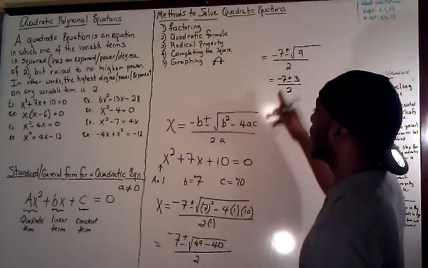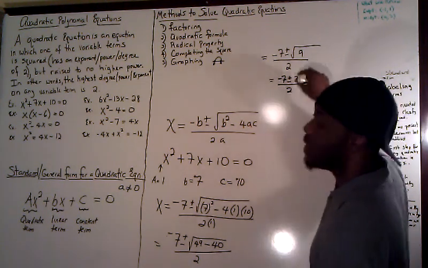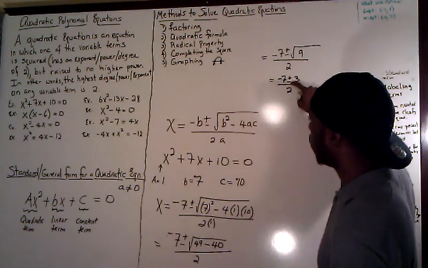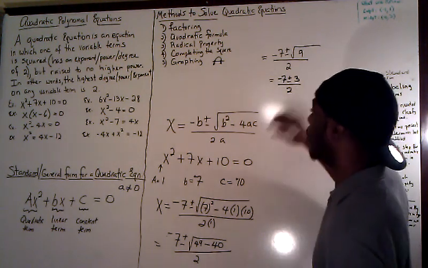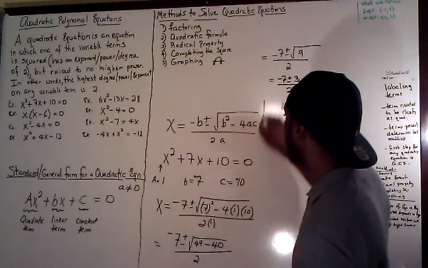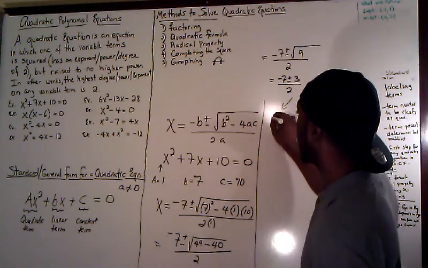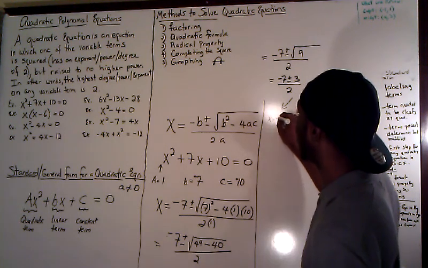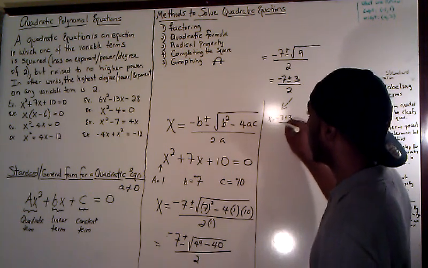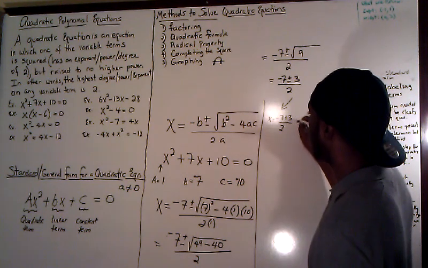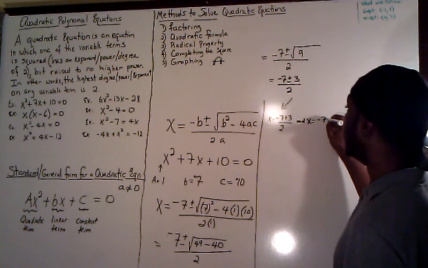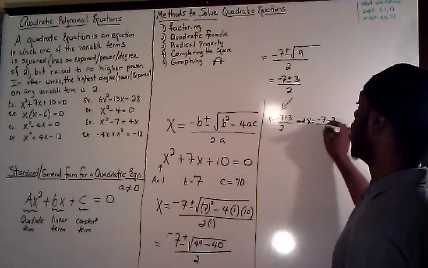And once we get to this step here, we can rewrite this expression by breaking up the plus or minus situation that's going on here. Here's how we do that. We can say, well, this expression can be written 2 ways. It can be written as x equals minus 7 plus version of the 3 over 2, and x equals minus 7 minus version of the 3 all over 2.